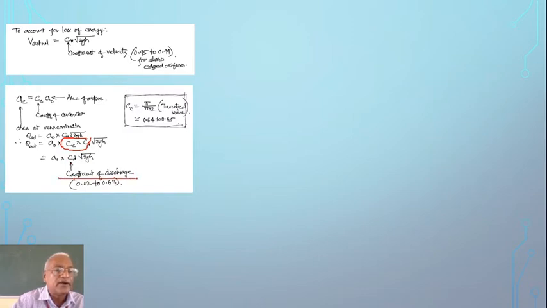This is an important factor, and this will be of the order of 0.6 to 0.63. This will be Q actual, right? Q theoretical, if you want, will be A naught root 2 gh, actual area of the opening, and theoretical velocity is root 2 gh.